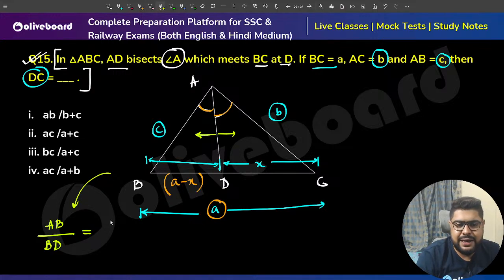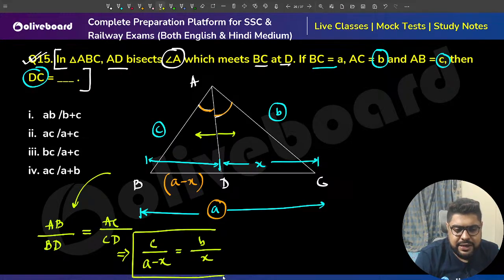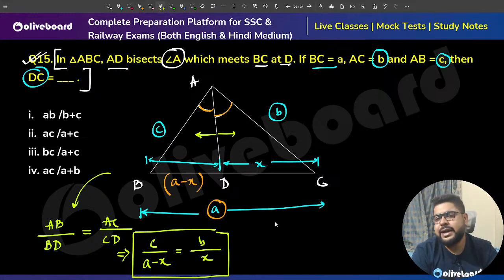Put down the values that we know. AB is C, BD is A minus X, AC is B, and CD is X. From this equation, in terms of A, B, and C, I need to figure out X.